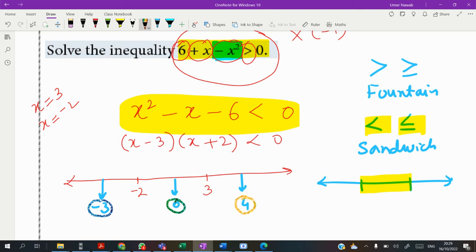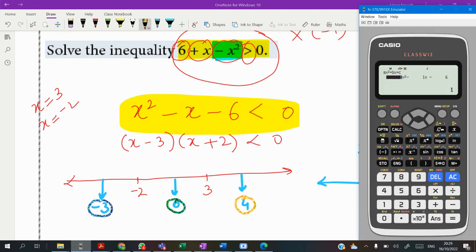You can substitute into the original inequality. What was your original inequality, guys? Let's go to the computing mode. The original inequality is: I put -3 in brackets, squared, minus (-3), minus 6.